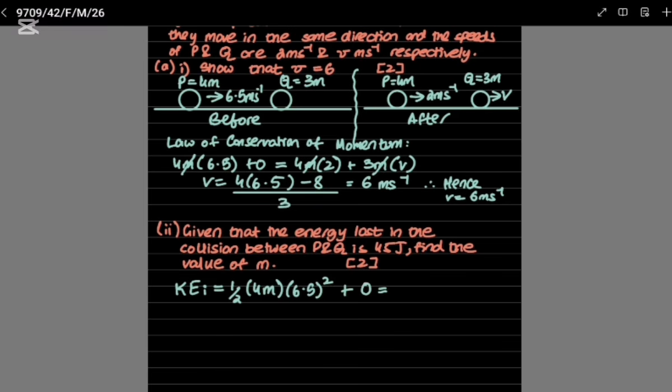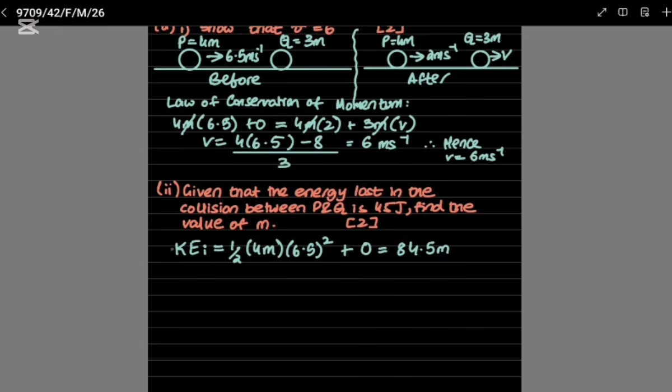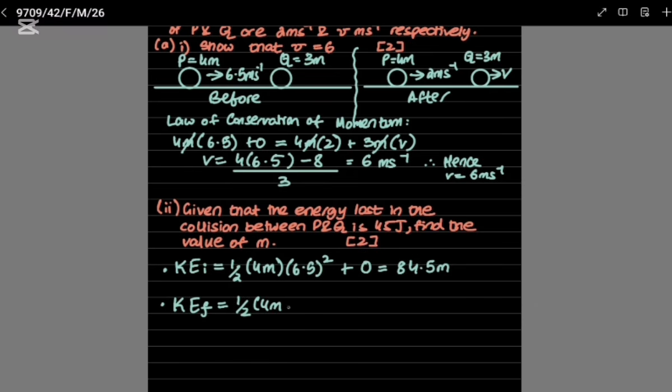So 0.5 times 4 times 6.5 squared gives me that kinetic energy initial is 84.5m. Now what about kinetic energy final? Kinetic energy final is equal to half, now we look at the after, 4m into 2 squared plus half into 3m into v, which was 6, so 6 squared. So 0.5 times 4 times 4 plus 0.5 times 3 times 36. This gives me 62m.